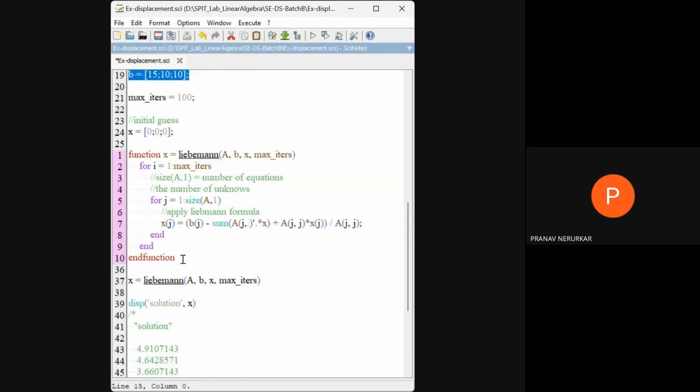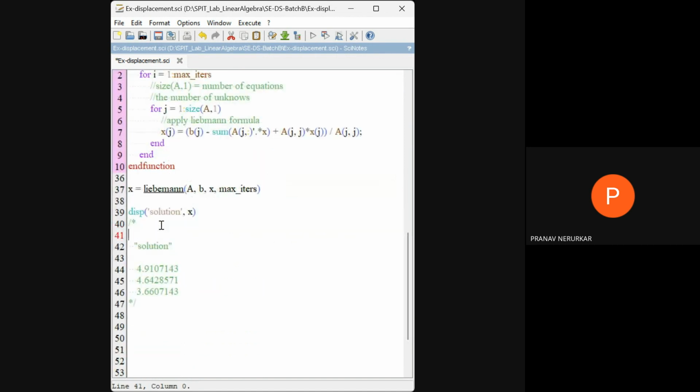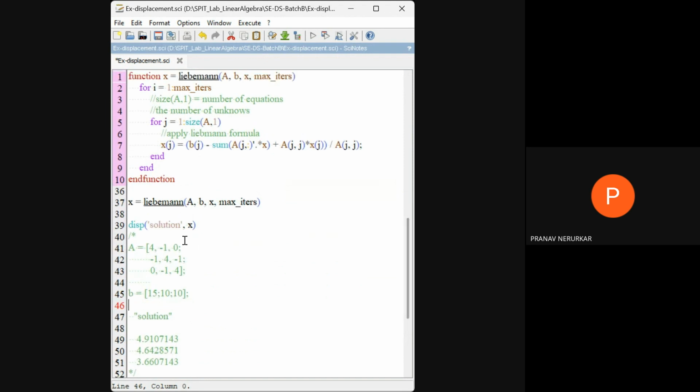Next, we can check which means our linear equation is 4x minus y equal to 15, minus x plus 4y minus z equal to 10 and minus y plus 4z is equal to 10.